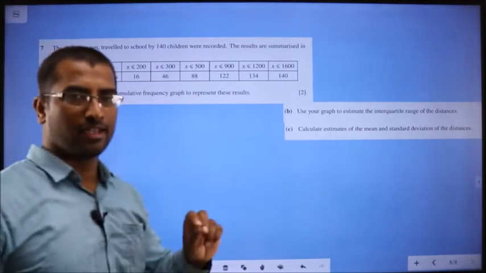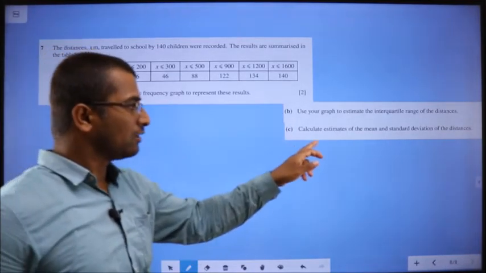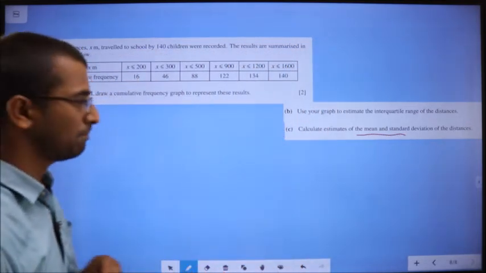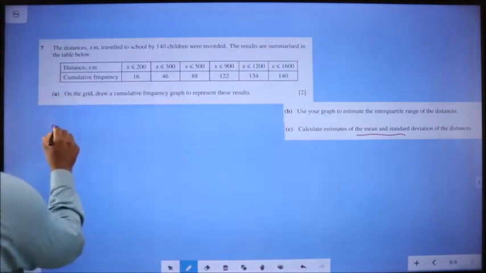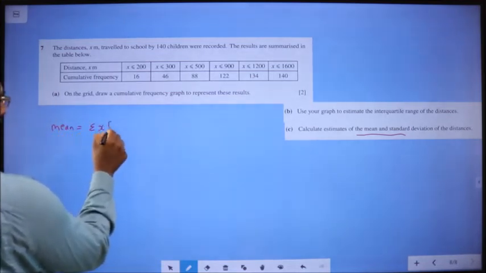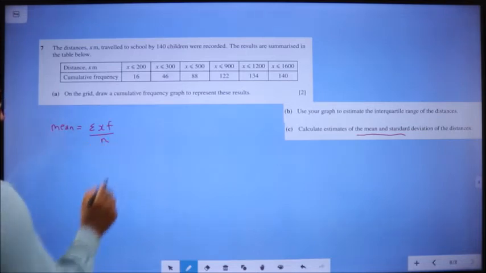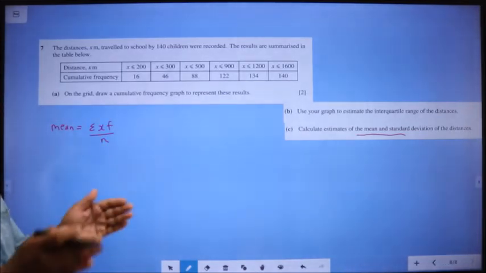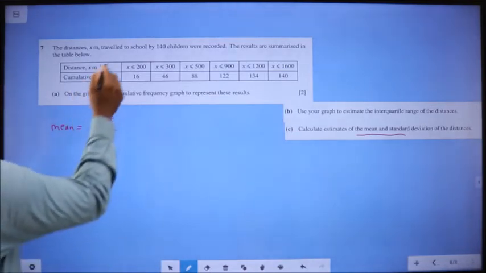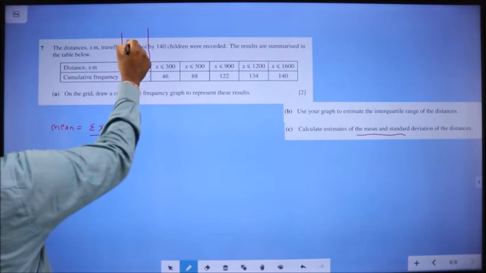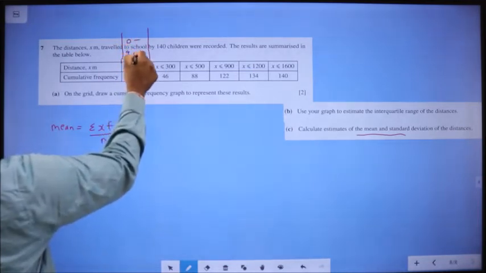Now 7C. Calculate estimates of mean and standard deviation of the distances. Mean formula is sum of x into f by n. Do we have the values of x? It's in a class. So here the class is from 0 to 200.